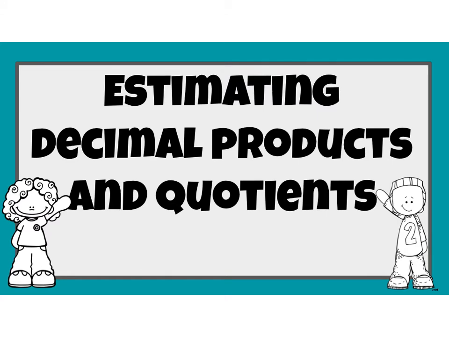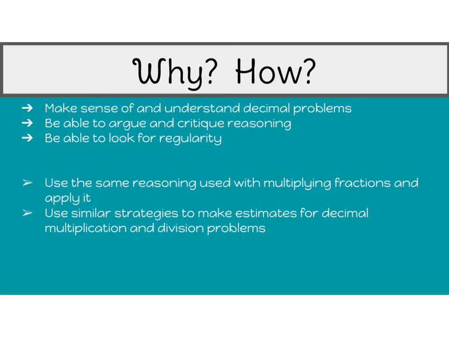Our lesson today is estimating decimal products and quotients. The reason we are doing this lesson today is we need to be able to make sense of and understand decimal problems. We need to be able to argue and critique reasoning, meaning your reasoning and others'.